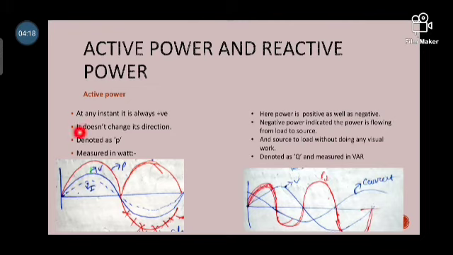The active power does not change its direction.